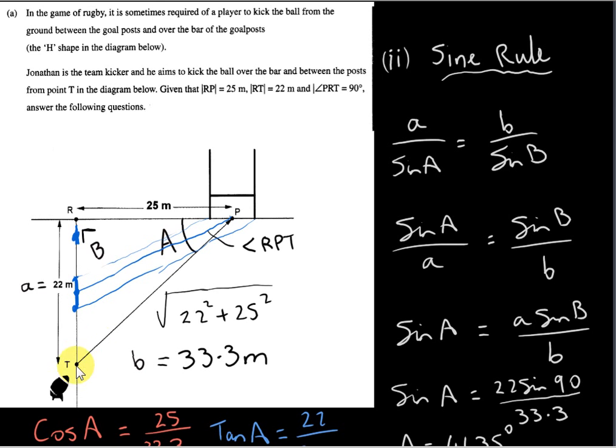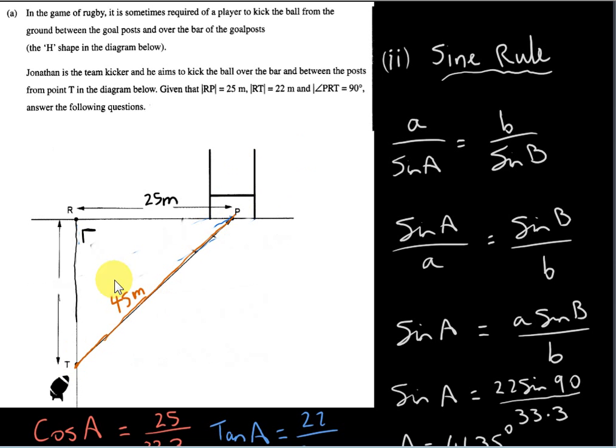So he can kick 55 meters, but because the ball has to go an extra 10 meters beyond the goalposts in order to be sure that the ball clears this bar, the maximum distance that this can be is 45 meters. So this is 55 minus 10.